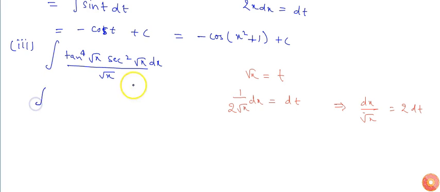So substitute root x equals t in the question. I find that the expression is simplified into tan to the power 4 t sec square t dt multiplied by 2.